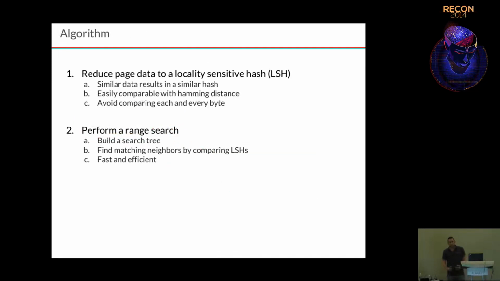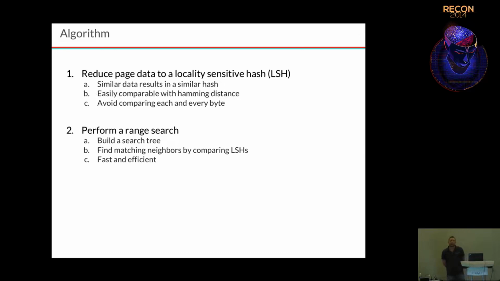So I will not explain every detail for time reasons, but instead of comparing each byte, we reduce the memory regions to a locality-sensitive hash. This hash will produce similar hashes for similar data, so we can then compare these hashes directly using the Hamming distance.